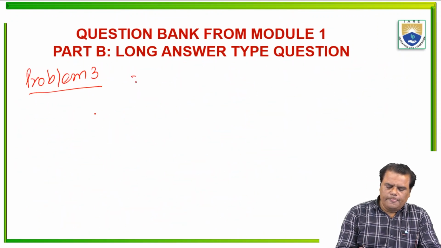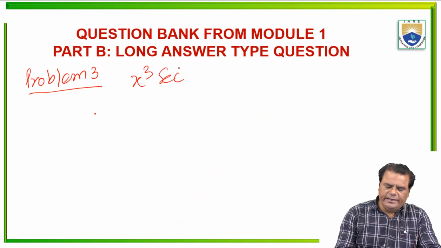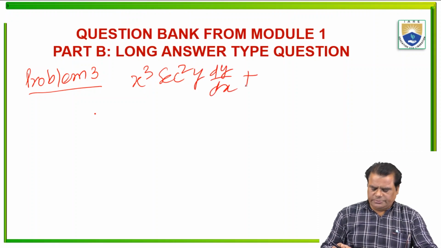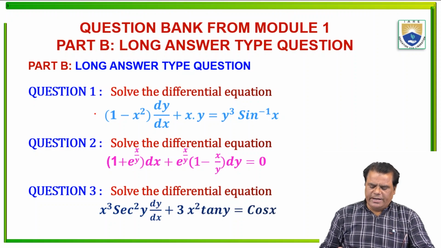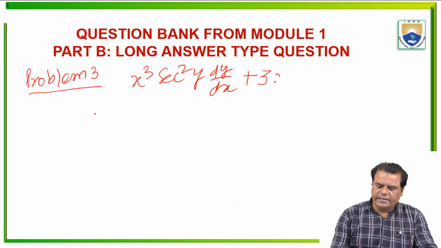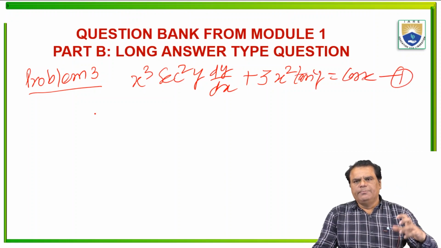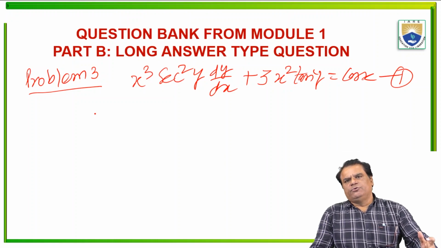x cube sec square y dy dx plus 3x square tan y equal to cos x. This is equation 1. This is the same problem, the same Bernoulli equation.